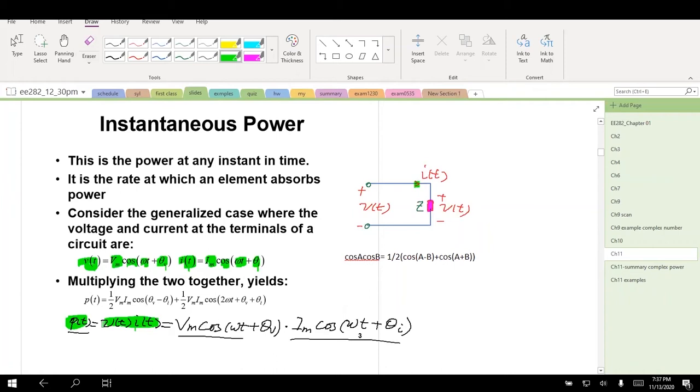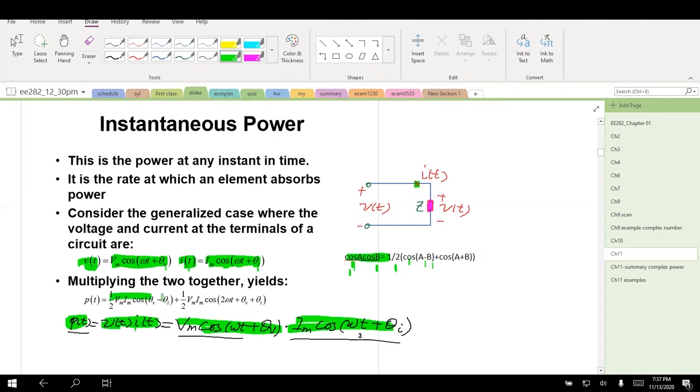So p(t) equals v(t) multiplied by i(t). We plug in v(t) here and i(t) here. Then we use this trig identity: cosine A cosine B equals half of cosine(A minus B) plus cosine(A plus B).